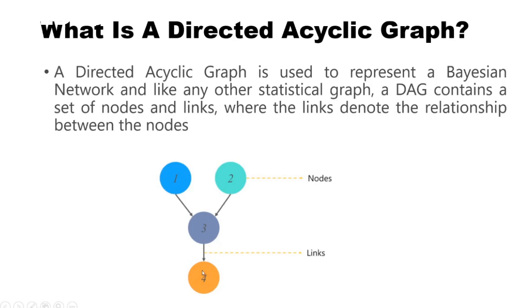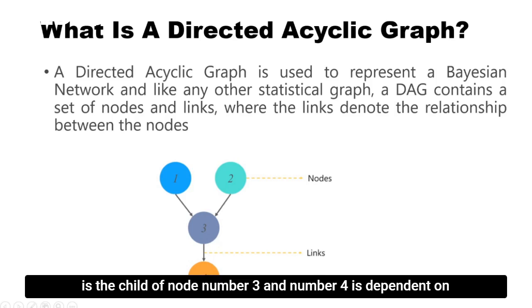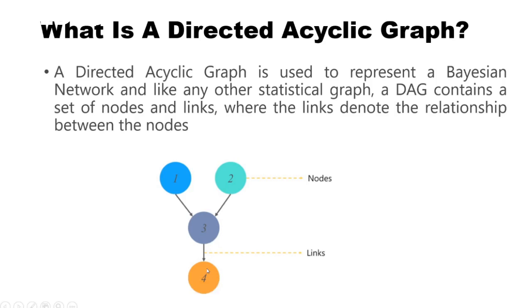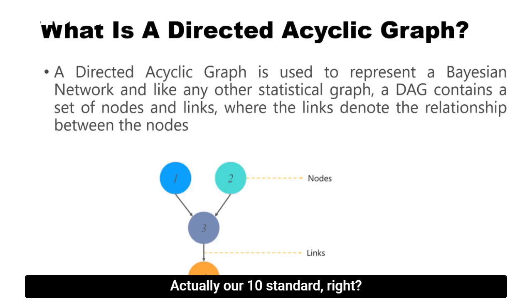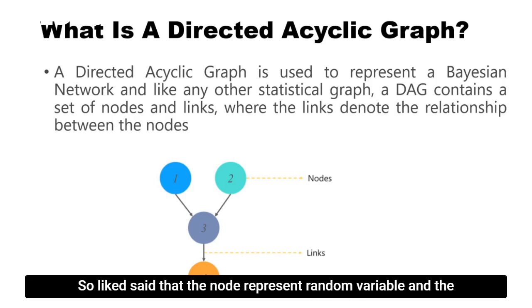That's all we can understand by just looking at the figure. We learned all of this in probability, actually in our 10th standard. Like I said, the nodes represent random variables and the edges define the relationship between the variables.